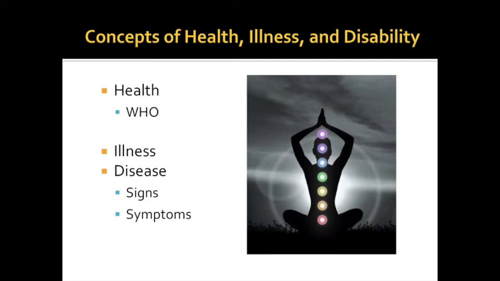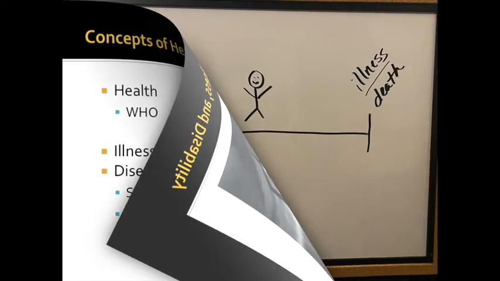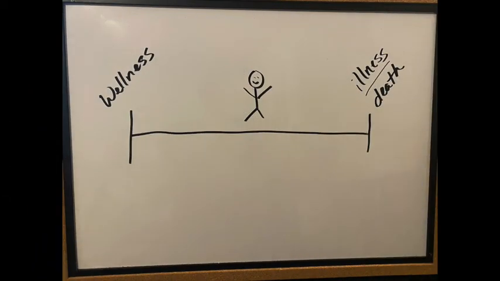They state that health is not just the absence of disease. To be thought of as healthy, you must be disease-free, but you must also be able to function normally in society. The text suggests that health is a continuum, with wellness on one end and illness or death on the other.